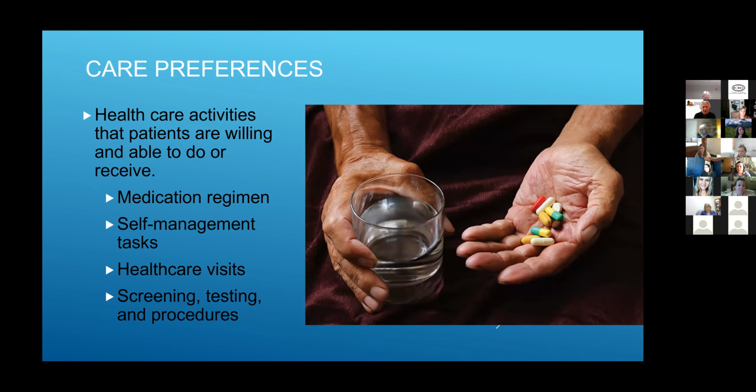Some of the care preferences depend. So, for example, medication regimen. Maybe the burden of 10 pills is just too much, and perhaps the individual doesn't want to take that many pills. So it's incumbent upon us to figure out ways to reduce the pill burden. Also, in terms of healthcare visits and in terms of long-term care, whether hospitalization even makes sense. And so those are the kinds of questions that need to be asked under the rubric of what matters, that if you got very seriously ill, would you want to go to the hospital, or would you like to be taken care of here?